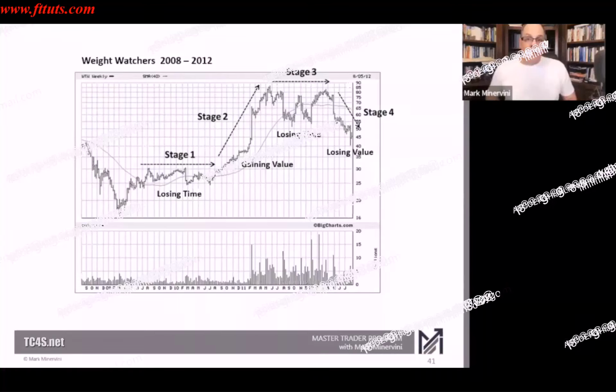So my question is, knowing that there's a 98% chance of being in the big winner if you're in the stage 2 uptrend, above the 200-day moving average, the 200-day in an uptrend, and a 2% probability of having the big winner if you're not, which club would you like to be in? You want to be in the 98% club, or you want to be in the 2% club?